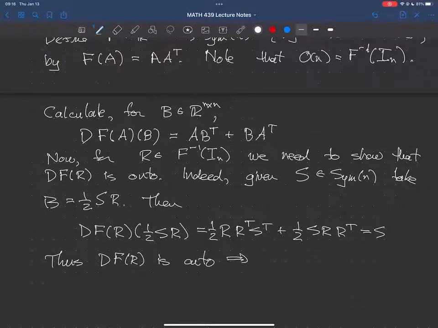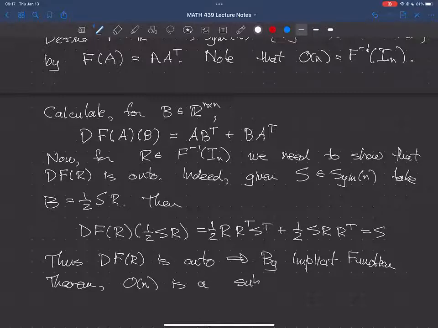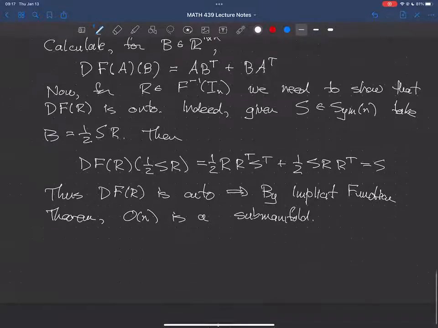Okay, and this shows that by the implicit function theorem, ON is a submanifold. All right.